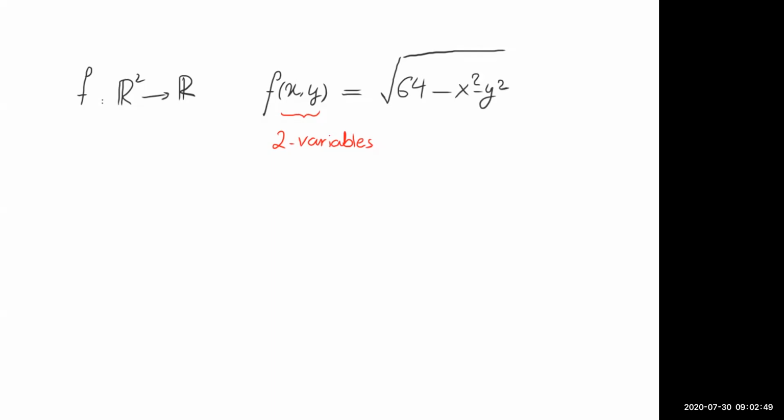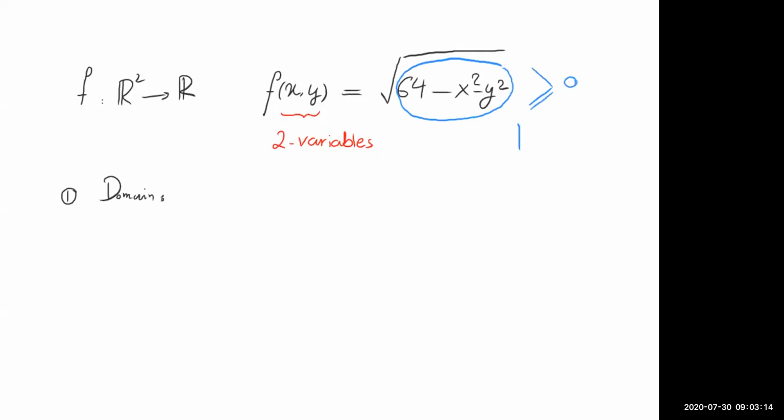Okay, so just a quick review. The first thing we should do about any function is to find its domain. So we remember that when we have a radical, what we have under the radical should be positive or 0, so it should be greater or equal than 0.